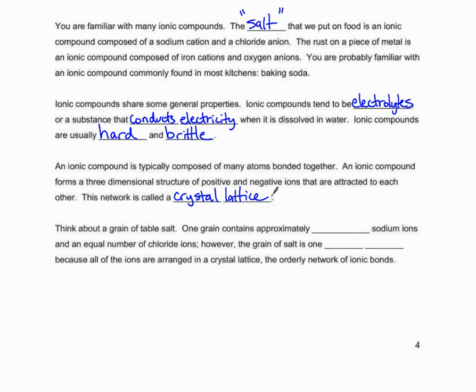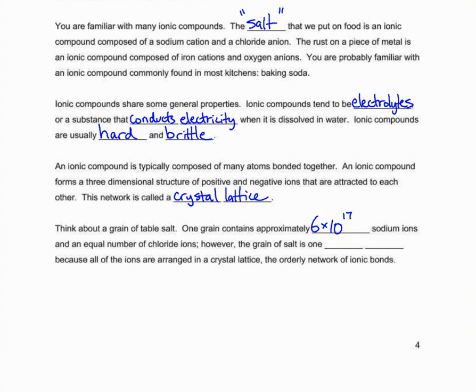So think about a grain of table salt, like just one grain of table salt. One grain contains approximately 6 times 10 to the 17th sodium ions and an equal number of chloride ions. Think about that for a minute. Look at this number.